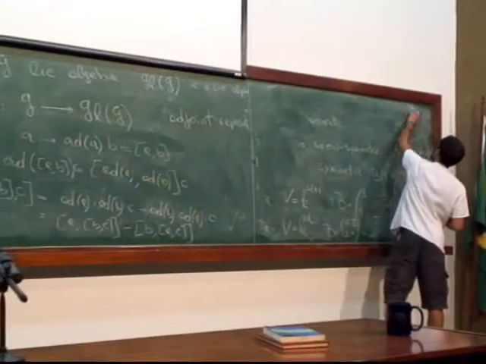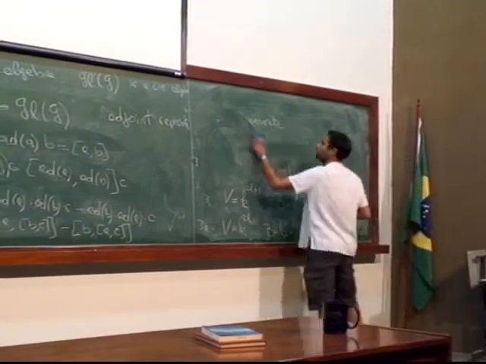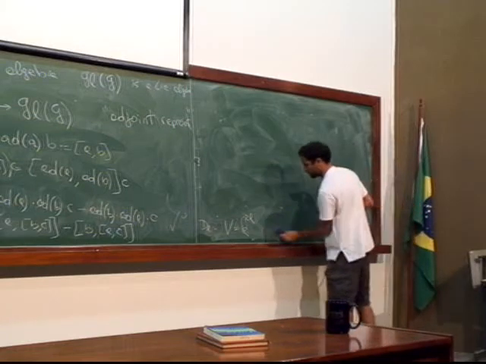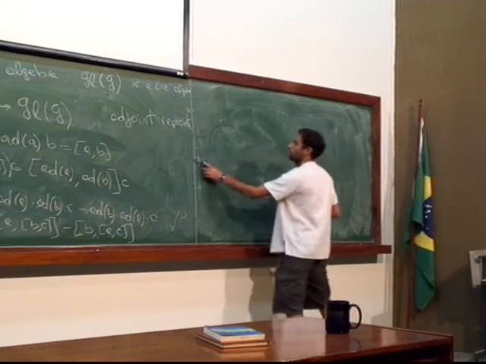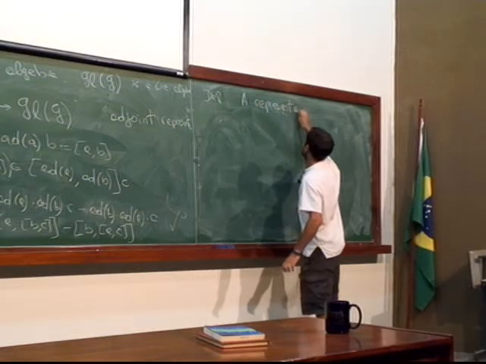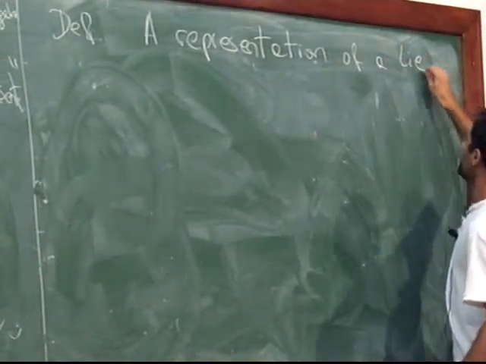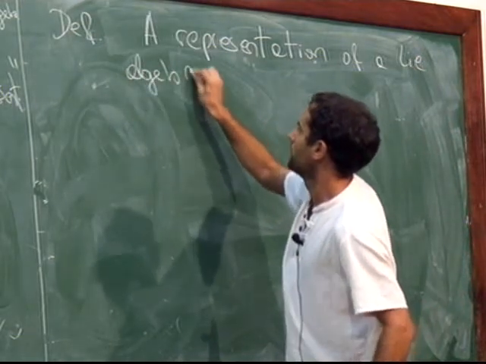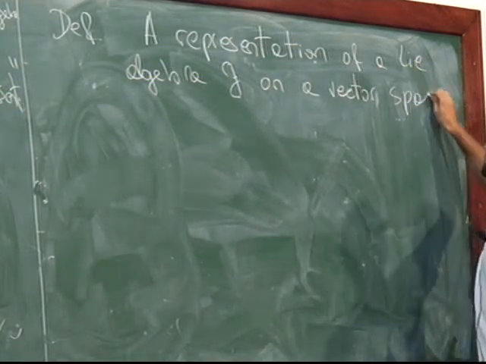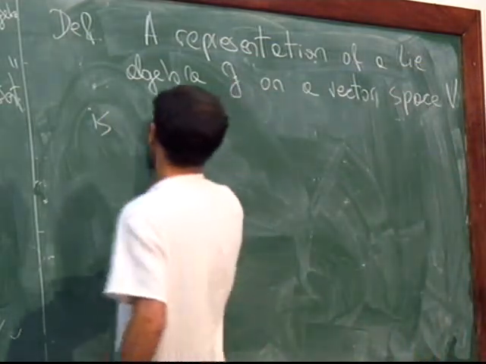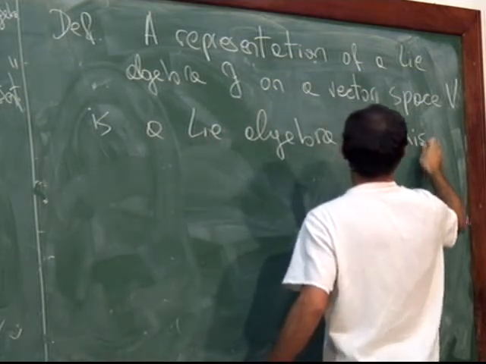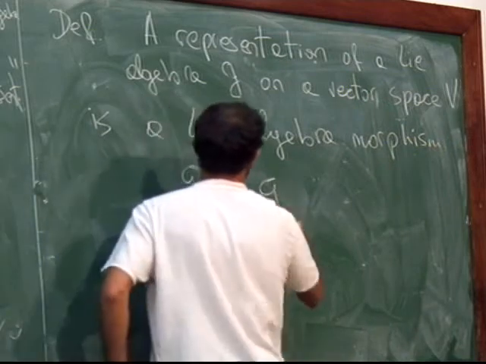Definition: a representation of a Lie algebra G on a vector space V is a Lie algebra morphism from G into GLV.